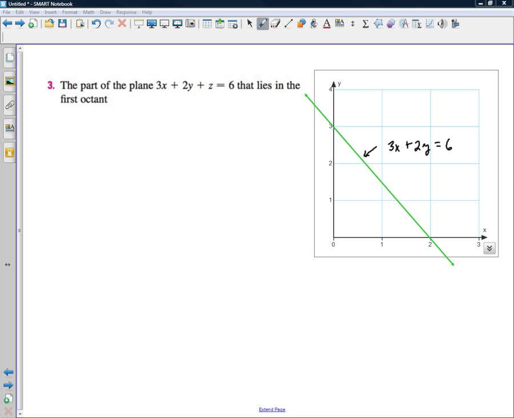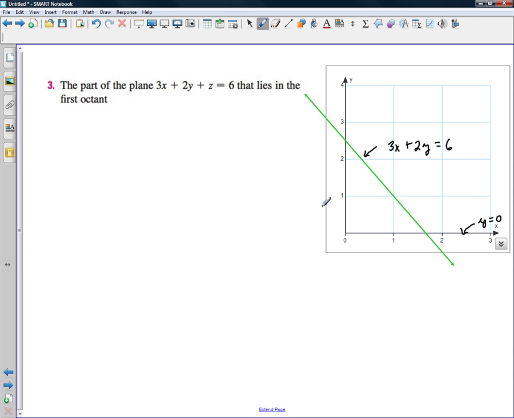And so we're bounded by the xy plane, as well as the xz plane, which would be, the trace line would be this line right here, right? This line called y equals 0. That's the x-axis.